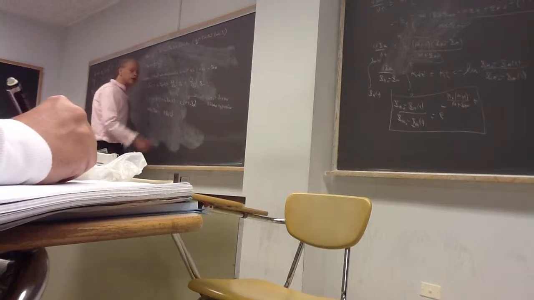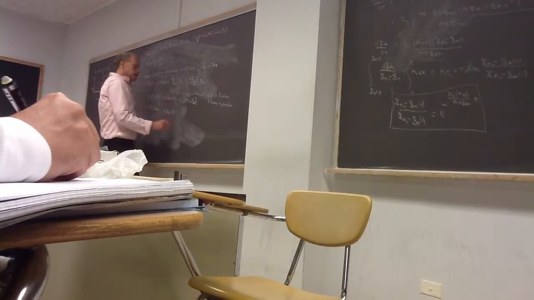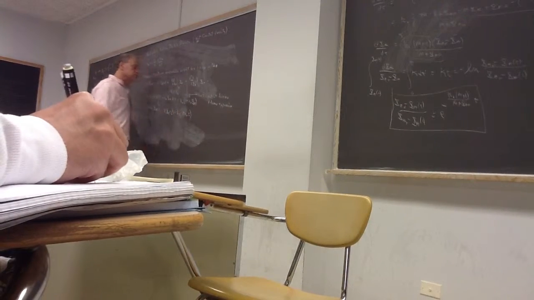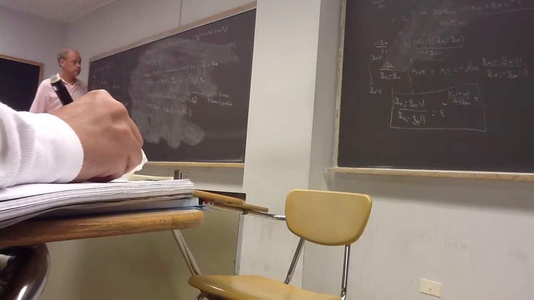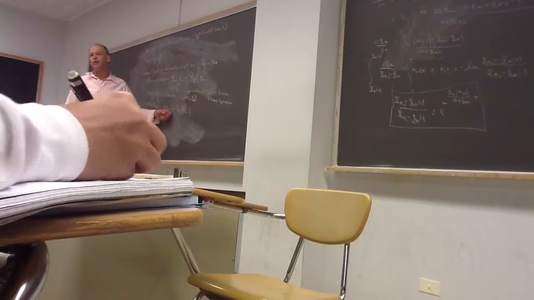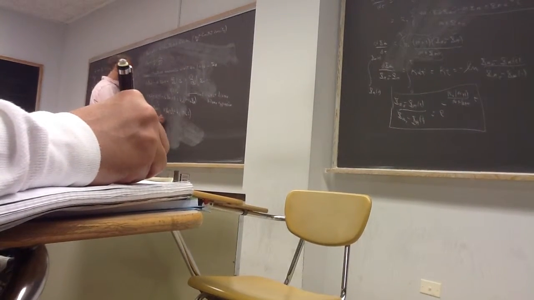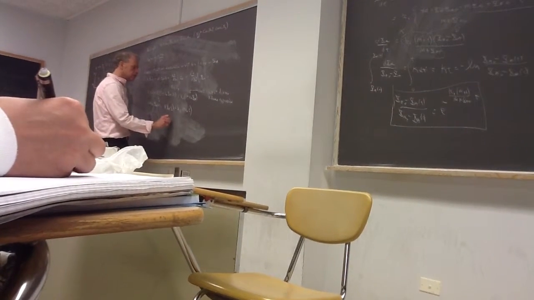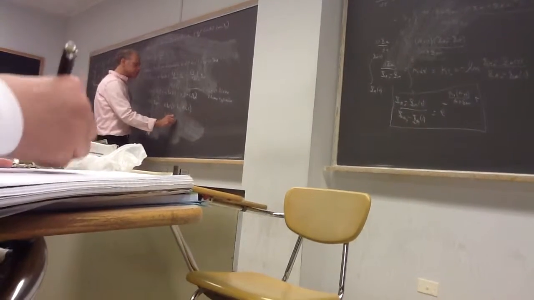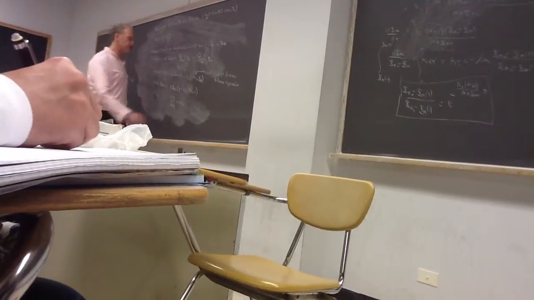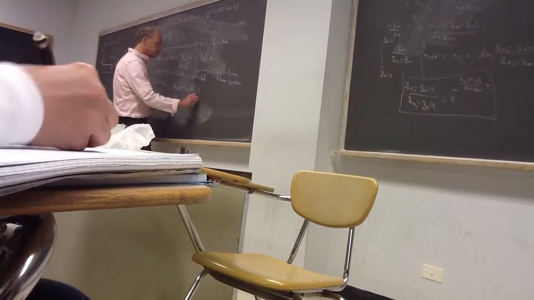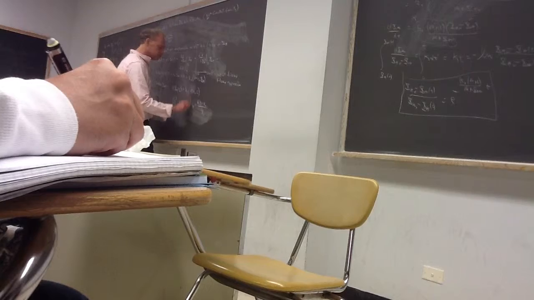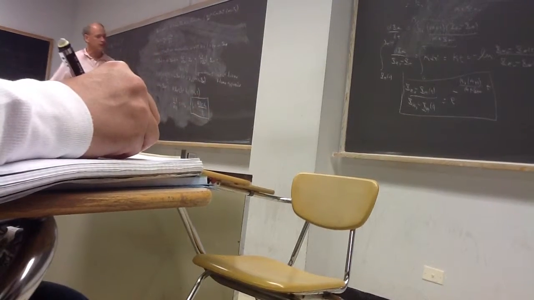V of 1, at xa equals 1, is equal to V0 times 1 plus epsilon a times 1. Xa equals 1 is complete conversion. So I have V of 1 over V of 0 is equal to 1 plus epsilon a. Or epsilon a is equal to V of 1 minus V0 over V0, where 1 means xa equals 1.